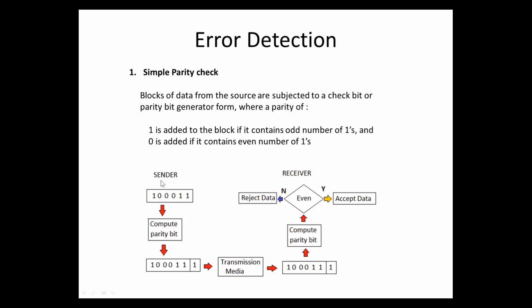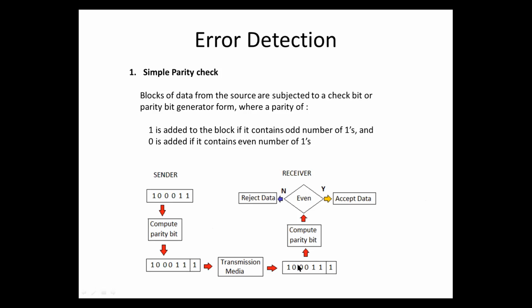So what would happen is the sender sends a byte of data here, 1001011, and it computes the parity bit by the number of ones. It's 3, so that's odd. I hope this works out. Yep. So it puts a 1 here at the end because this character has an odd number of ones.